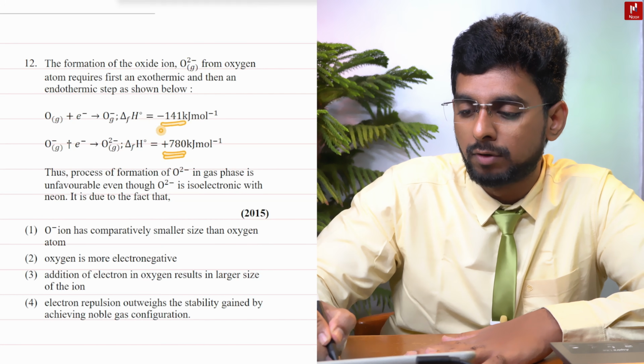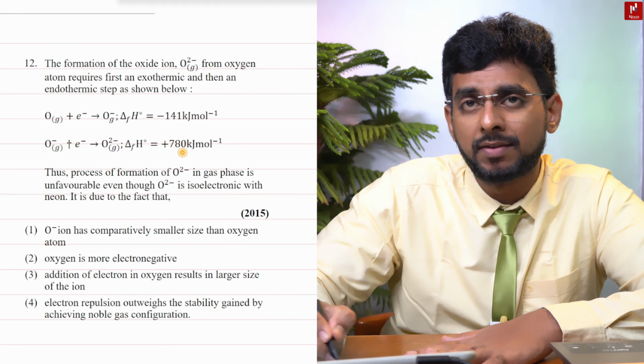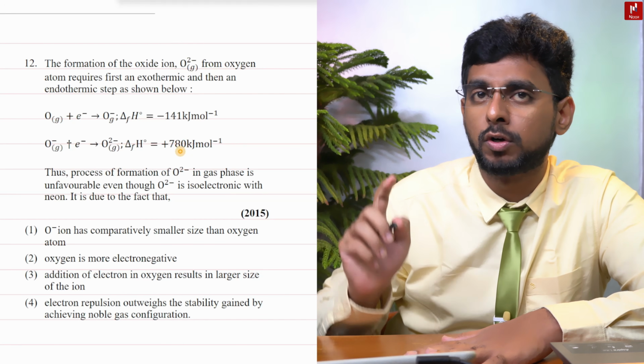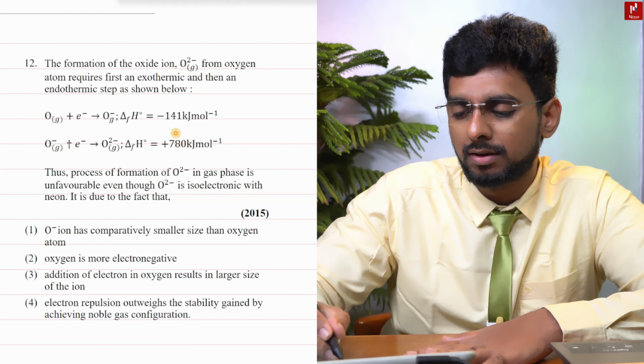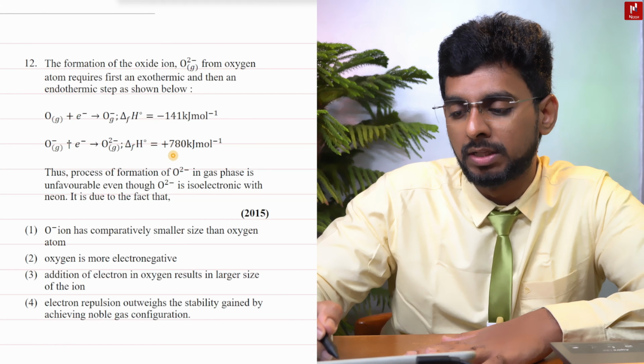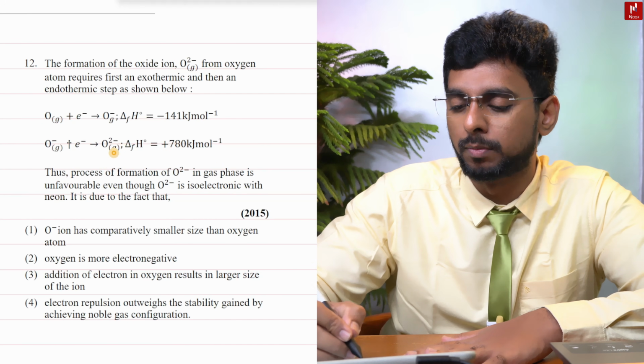It released -141, but I gave 780 kilojoule when I was about to add the second electron into that O- ion, right? So together, if you sum these two values, obviously I was the one who gave the energy to get to this O2-, fine.